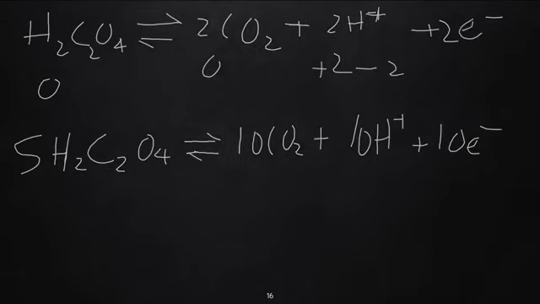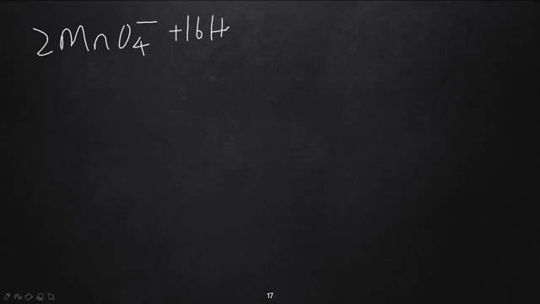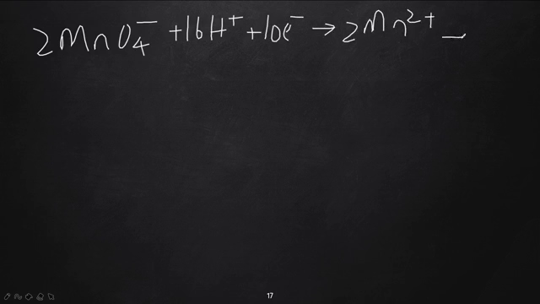Now the reduction half equation, that is this equation over here, we're just going to write it again. So we end up with 2MnO4 minus plus 16H plus plus 10 electrons giving us 2Mn2 plus and 8H2O. So these are the reduction half.